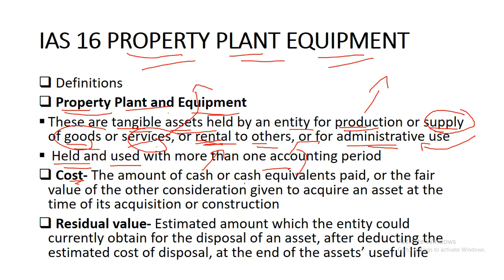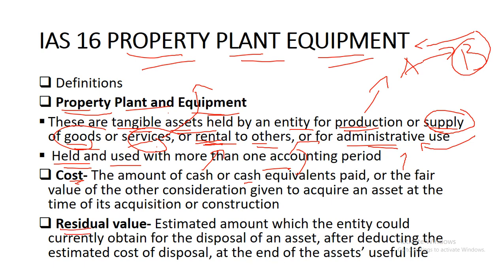That can also be included as cash equivalents. Then the fair value of the other consideration given to acquire an asset. This is where two assets are exchanged. So asset A is exchanged for asset B, and now the fair value of asset B is what we recognize as the cost.